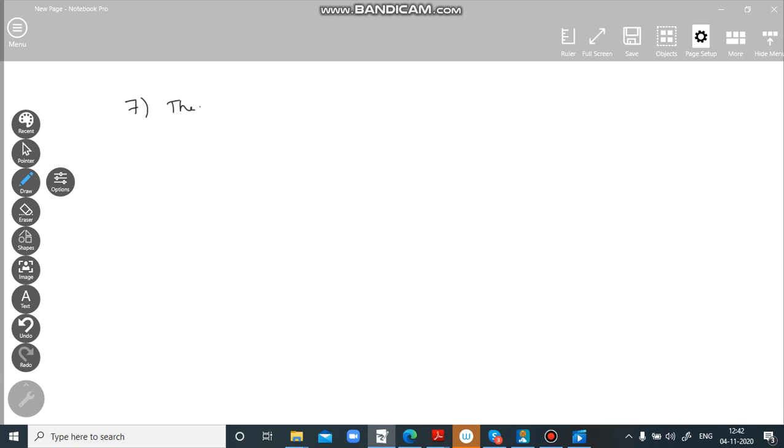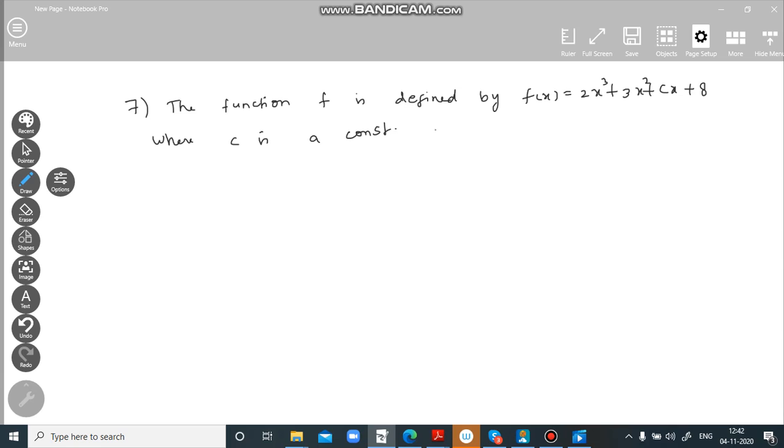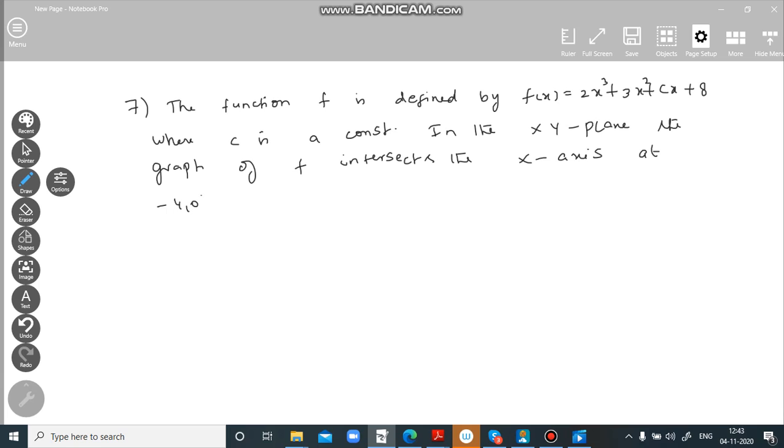The function f is defined by f of x is equal to 2x cubed plus 3x square plus cx plus 8, where c is a constant, and in the xy plane the graph of f intersects the x axis at the points minus 4 comma 0, half comma 0 and p comma 0.